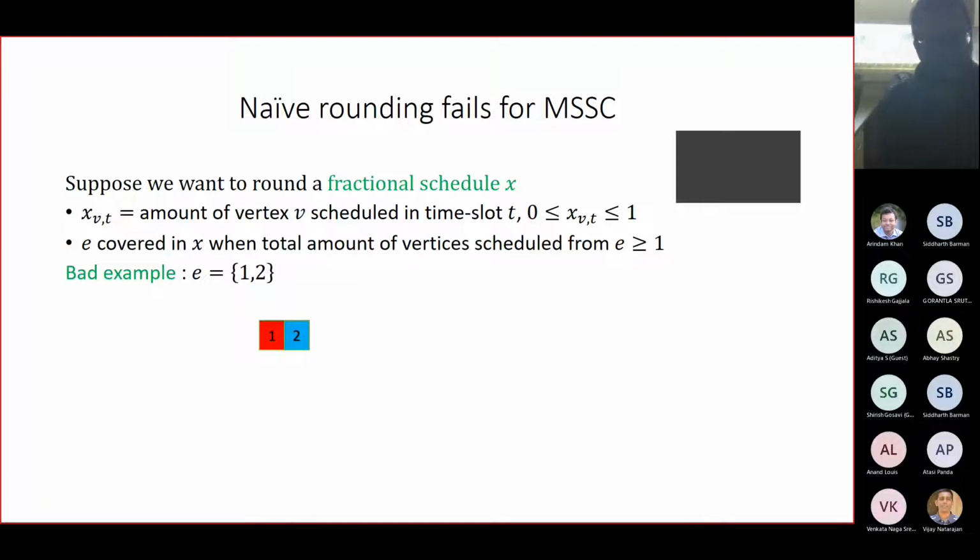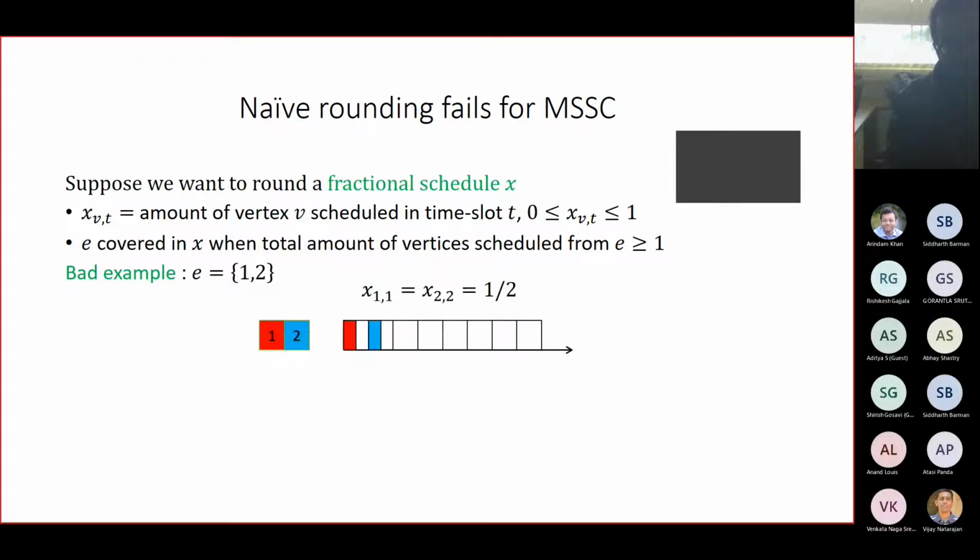Suppose I have an edge with just two vertices, 1 and 2, and let's say this is my fractional schedule. I schedule both vertices to an extent of half in the first two slots: half of the first vertex goes in the first slot, half of the second vertex goes in the second slot. And the remaining vertices go somewhere much later in the future.